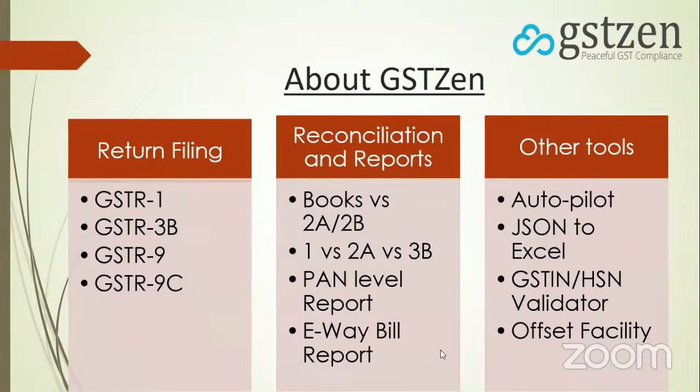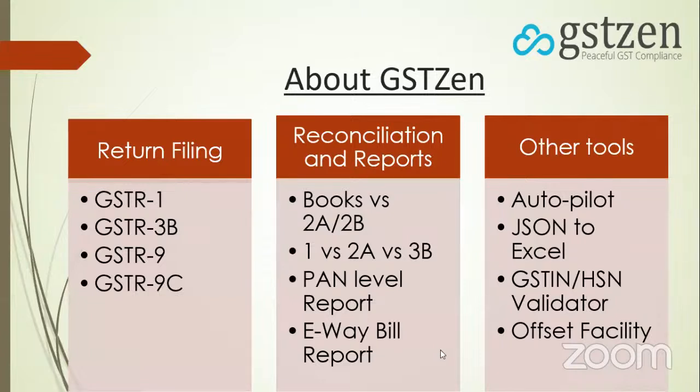We provide various reports which help in reconciliation, like the books versus 2A or 2B. We provide consolidated reports where you can get a comparison between various returns, such as 1 versus 2A versus 3B, PAN level reports, as well as e-waybill reports.